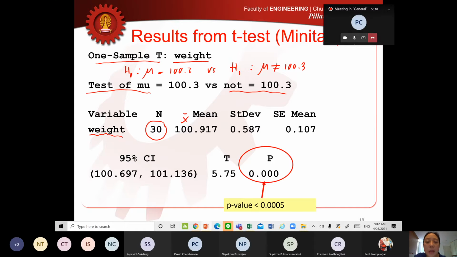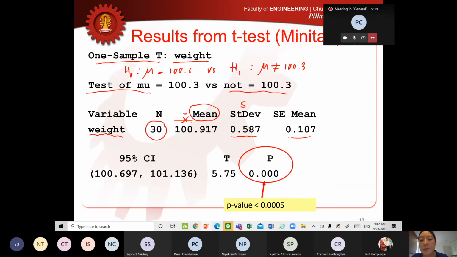In Minitab, it will say that this is the mean, but you have to know that this is the sample mean, the mean calculated from the sample, and we will call it x bar. And the standard deviation, or S, is also calculated from these 30 data points. And this is S.